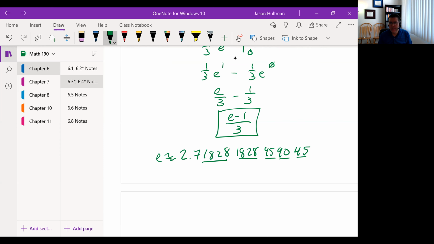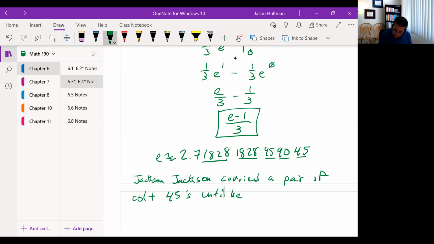Andrew Jackson shot and killed a guy in a duel. And so the mnemonic device goes: Jackson, who was president in 1828, carried a pair of Colt 45s. Colt 45 was a pistol, if you didn't know that. Jackson carried a pair of Colt 45s until he was 90 when he died.